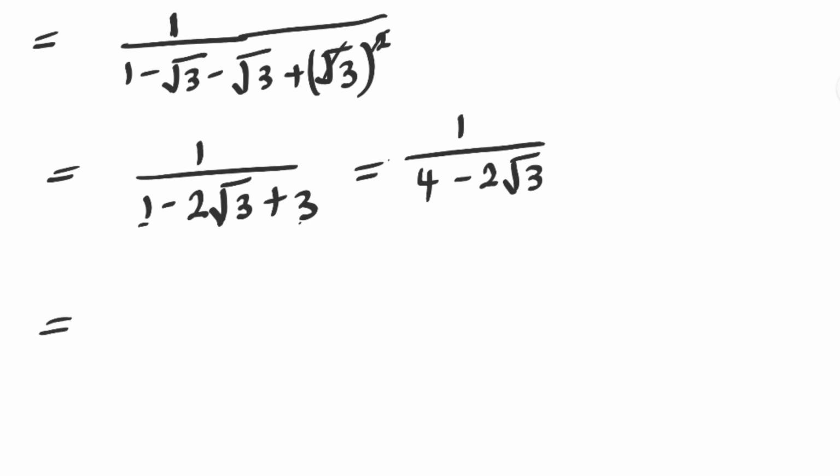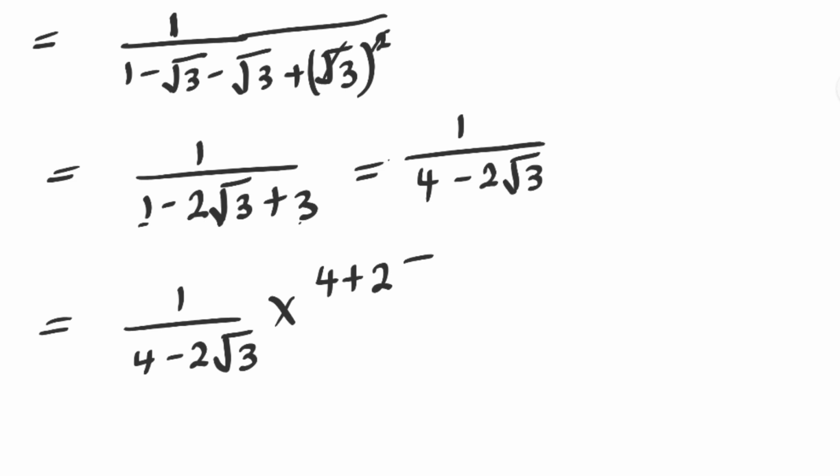This is equal to 1 over 4 minus 2 root 3. The conjugate of 4 minus 2 root 3 will be 4 plus 2 root 3. This is multiplied by 4 plus 2 root 3 over 4 plus 2 root 3.